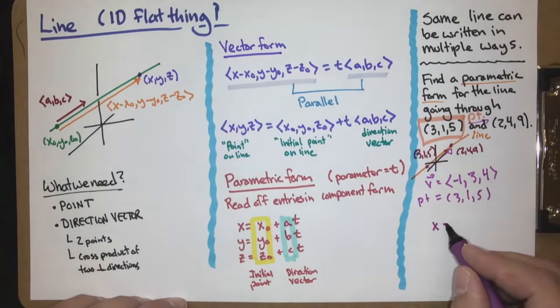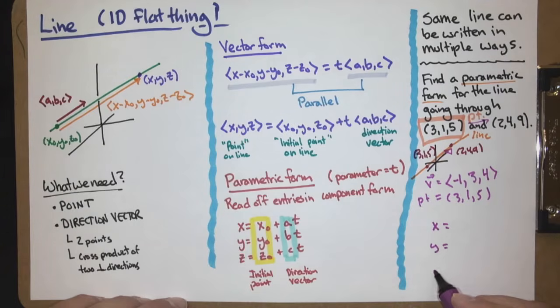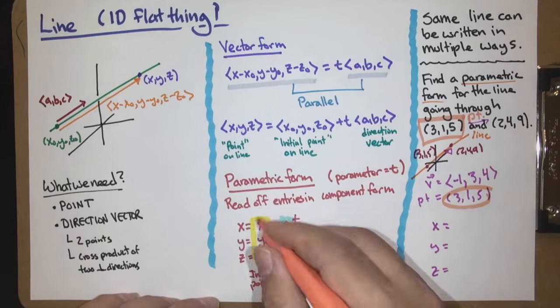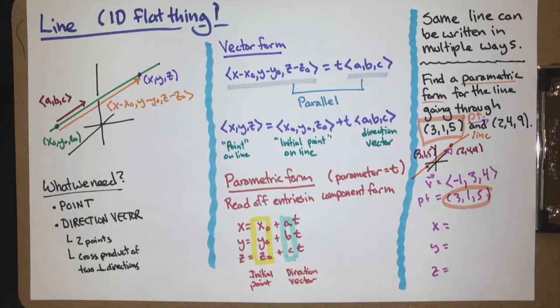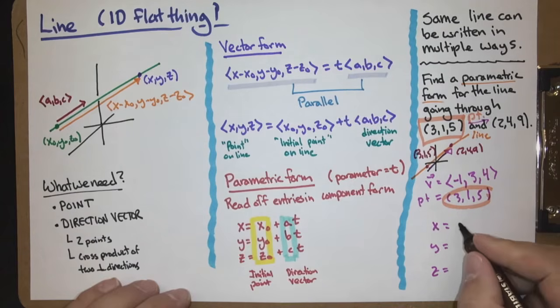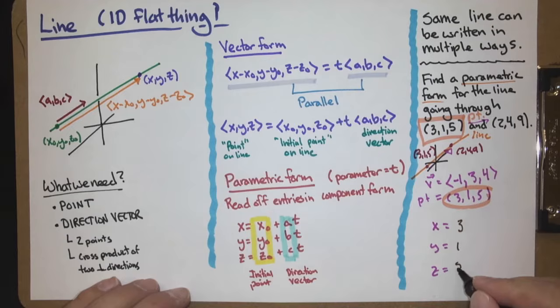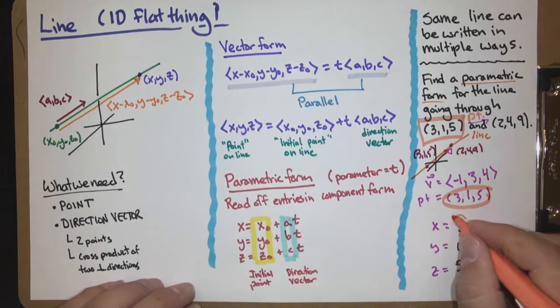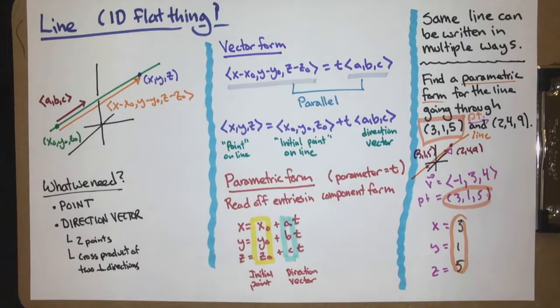Now, I do the following. X equals, Y equals, Z equals. And I say, okay, first, we're going to focus on the point. That's our first set of numbers. And so we write those down. 3, 1, 5. All right. So those are our numbers.